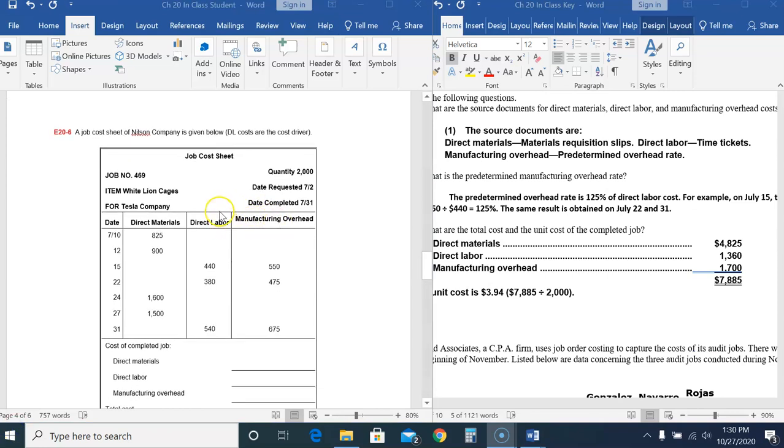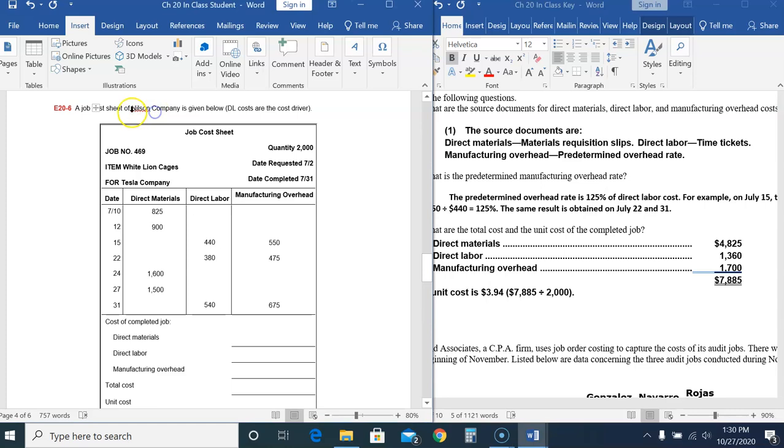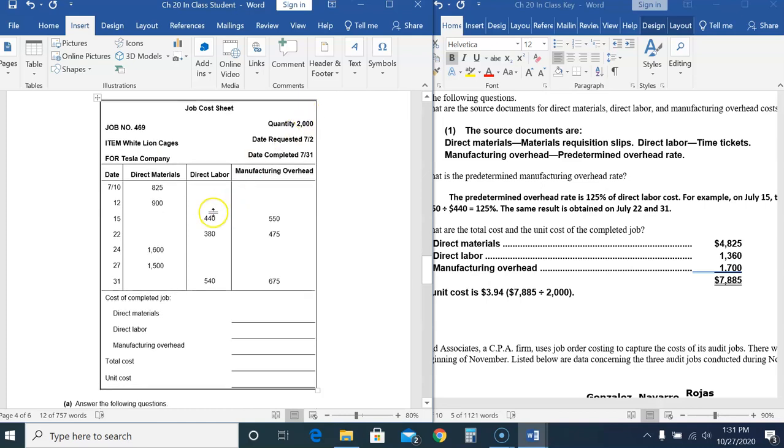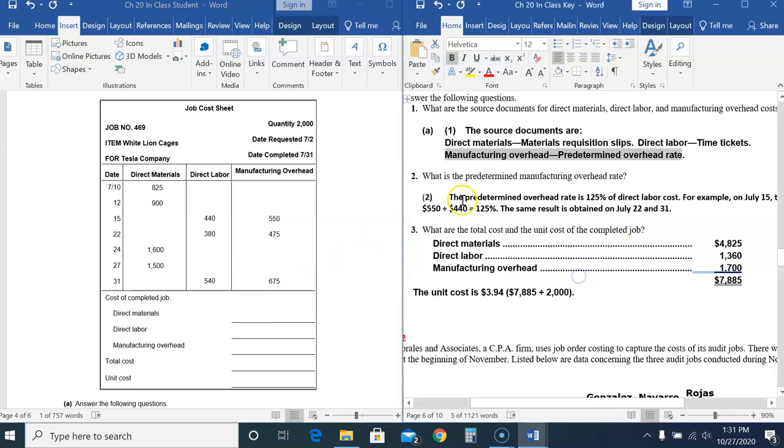Okay, so a little information here. This is Nielsen Company. Information about a particular job that they're working on. Direct labor costs are the cost driver here. In other words, the direct labor costs are the cost driver causing this job to incur overhead costs or indirect costs.